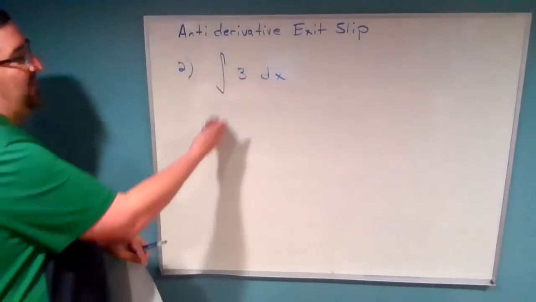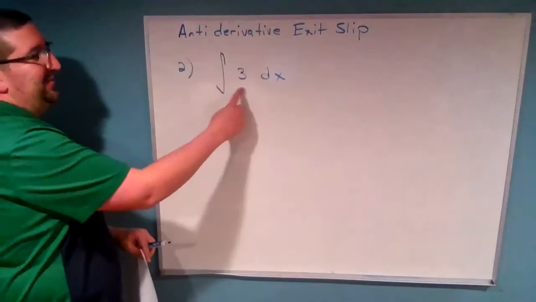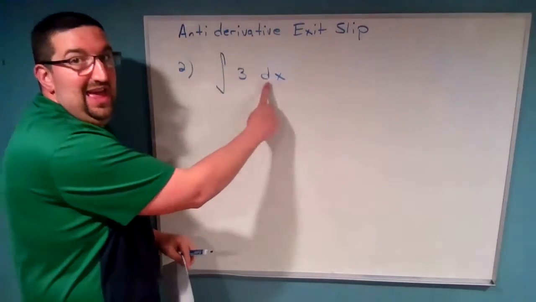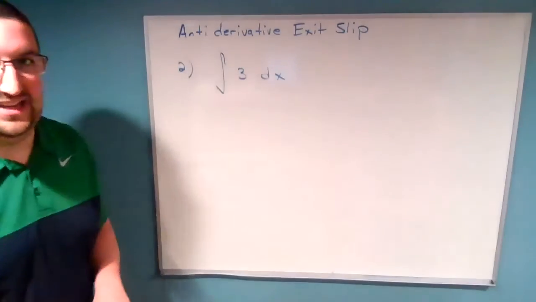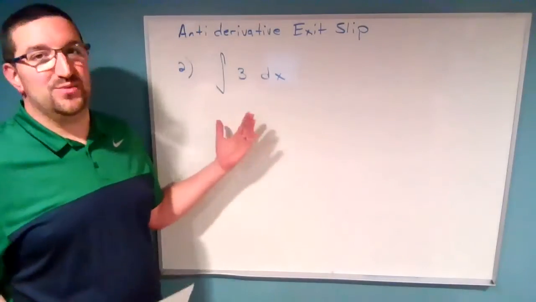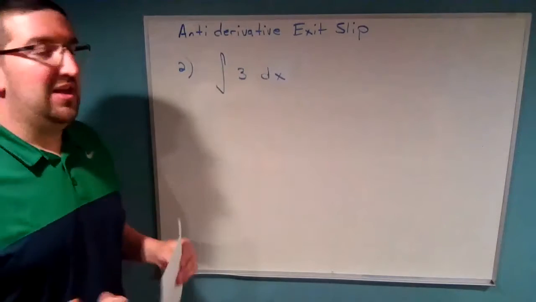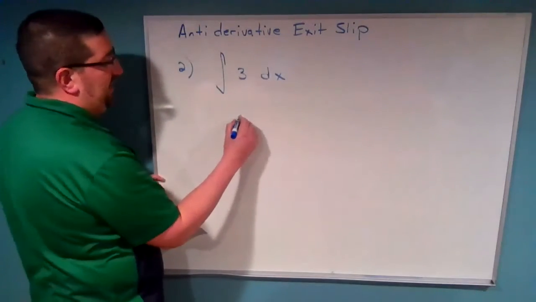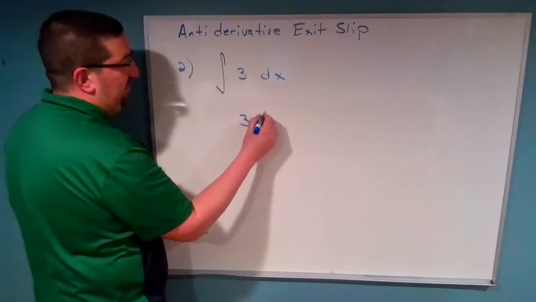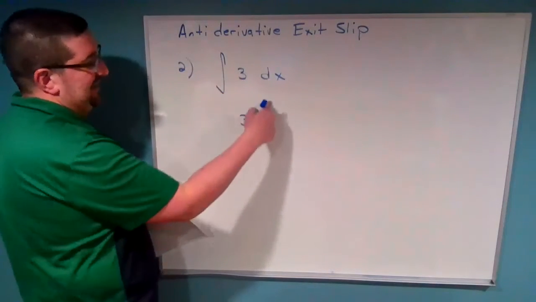Nice easy problem here. We have the integration or antiderivative of 3, and its dx means we took the derivative with respect to x. So I know to use an x when I'm taking the antiderivative of this. Another way to look at this, which was explained in the video you watched, is 3x to the 0. So 3 is really 3x to the 0.